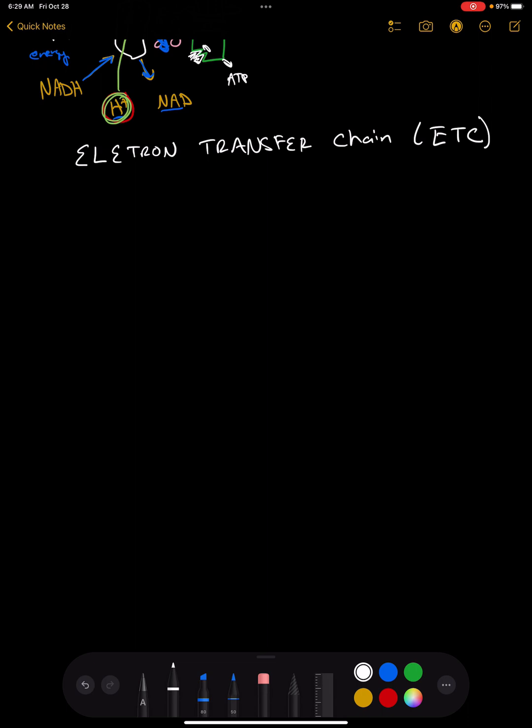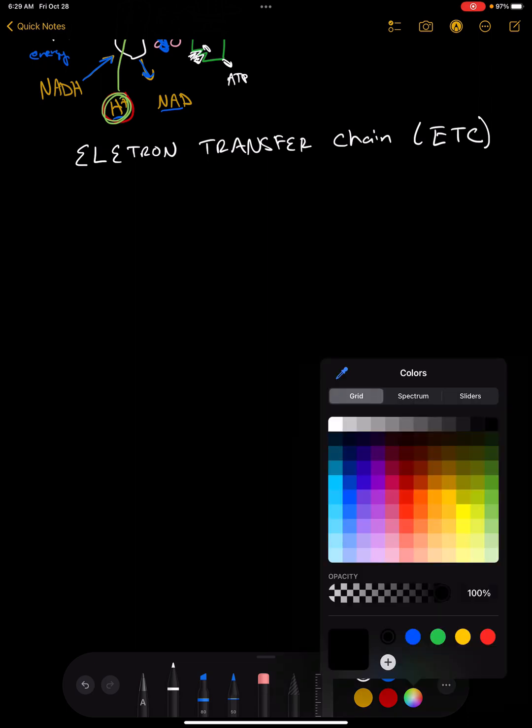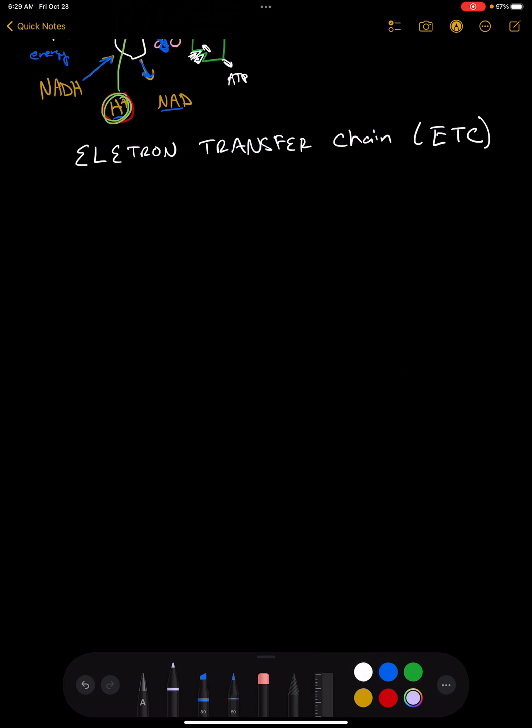That's my ETC. So let's start by drawing some of these protein pumps. So there's one, here's another couple, and I'm going to draw phospholipids here in a second. And then here's another one. Here's another guy. And then there's one more.